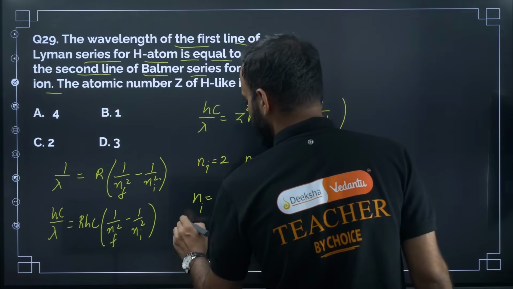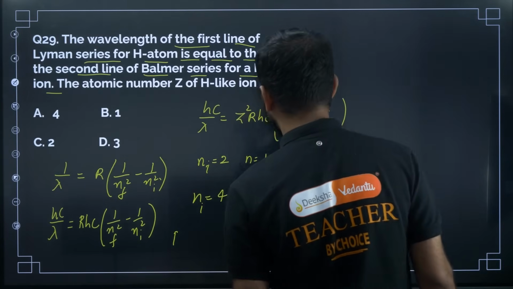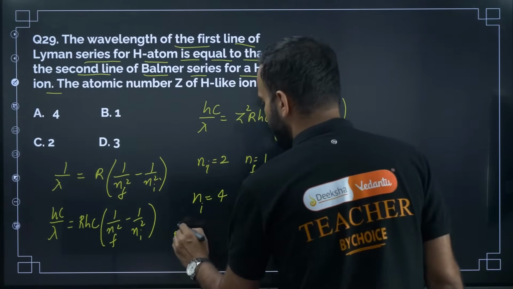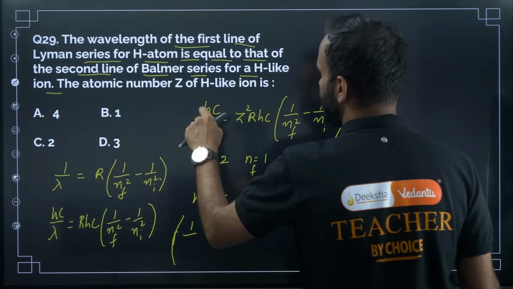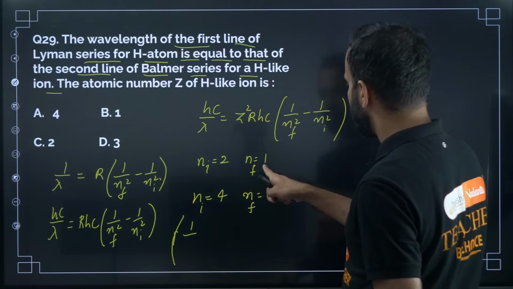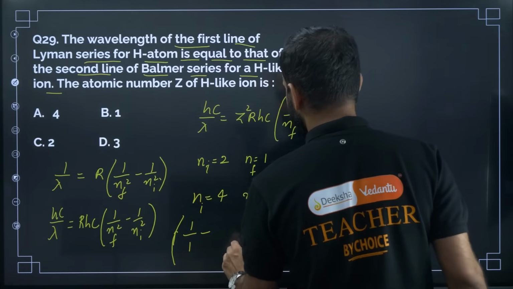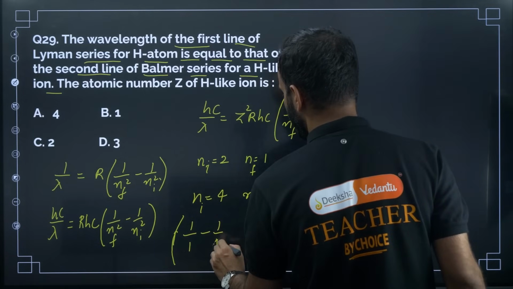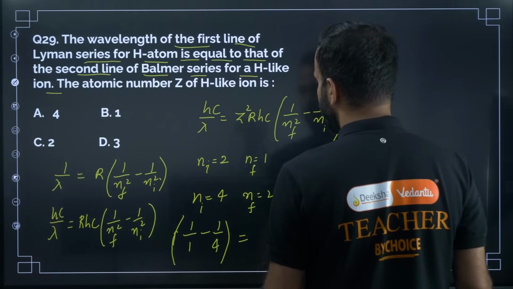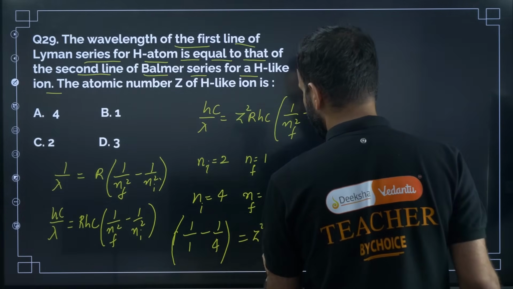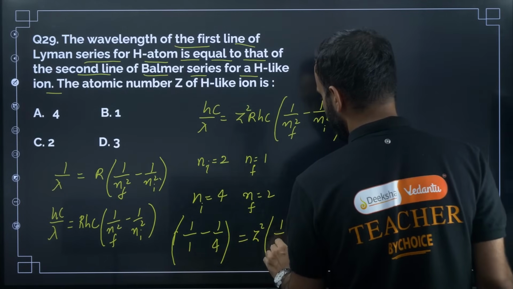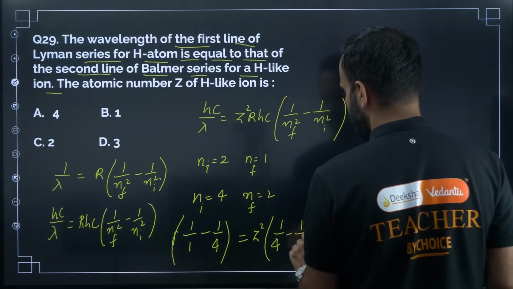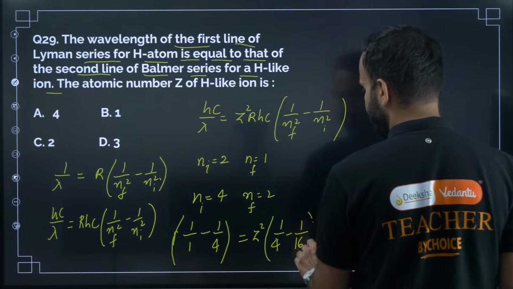So now RHC will get cancelled. So for Lyman series, 1 divided by Nf square, that is 1, minus 1 divided by Ni square, that is 4, is equal to Z square into 1 divided by Nf square, that is 1 by 4, minus 1 divided by Ni square, that is 1 by 16.